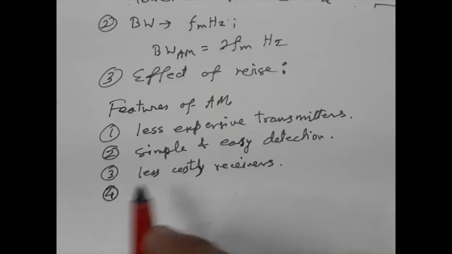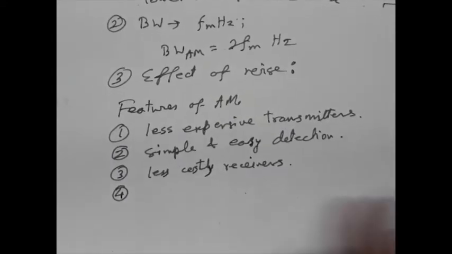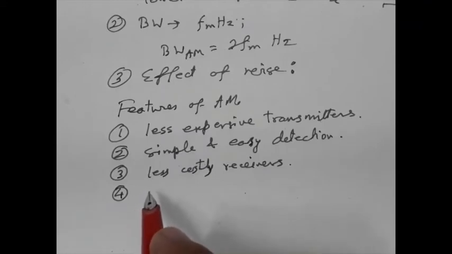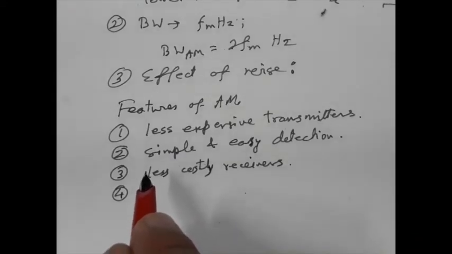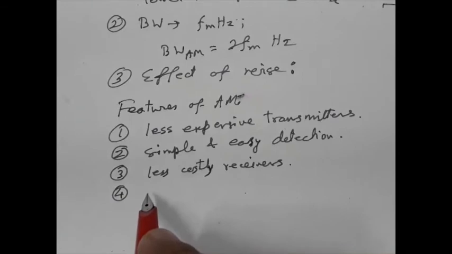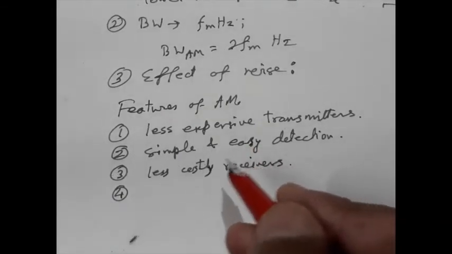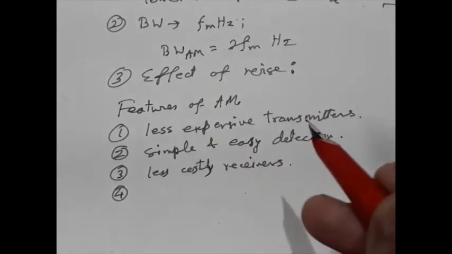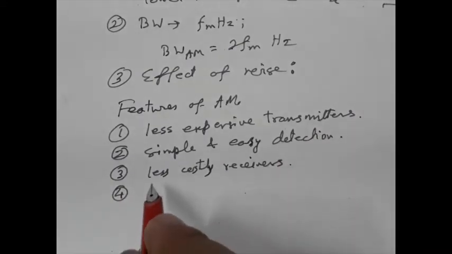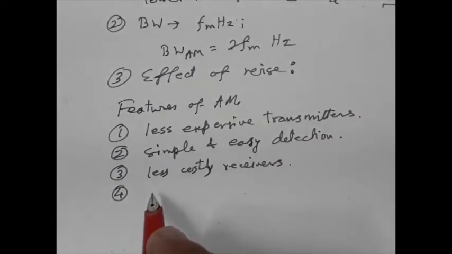Fourth point, though it is not exactly a feature of AM, but for the AM broadcasting system, the frequency region that has been chosen is of the order of more than 300 kilohertz and less than 1.6 megahertz. That particular wave travels a longer distance.